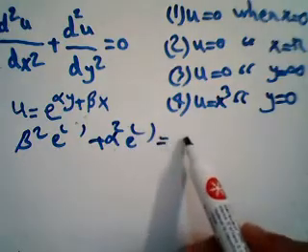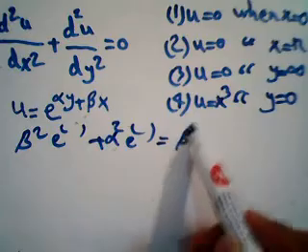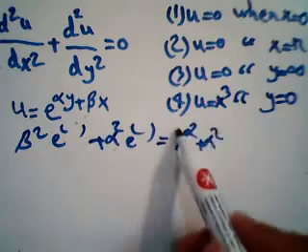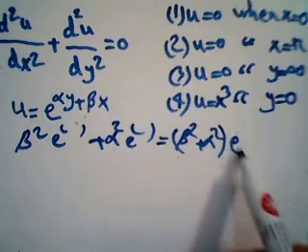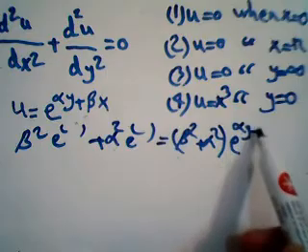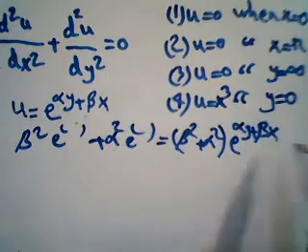Which is beta squared plus alpha squared times e to the alpha y plus beta x.